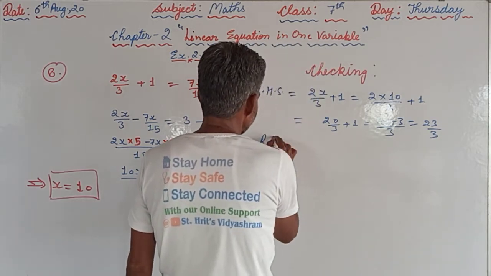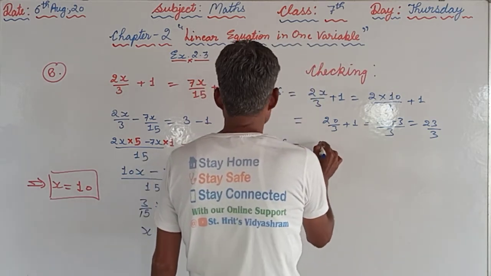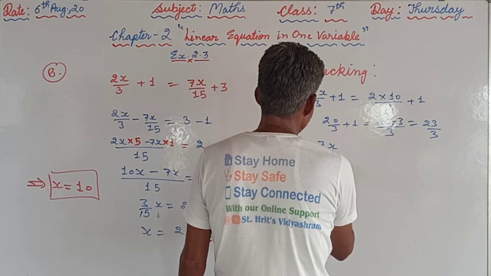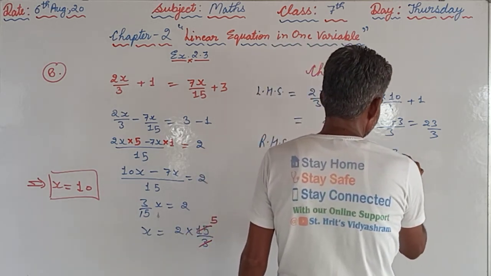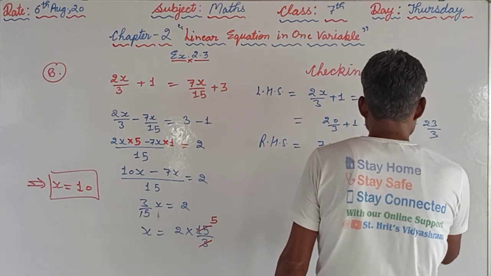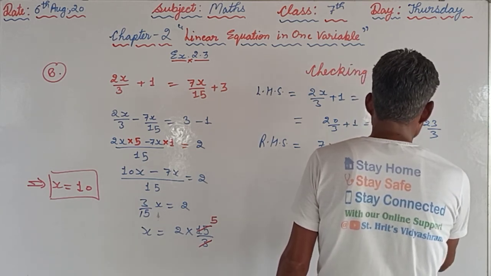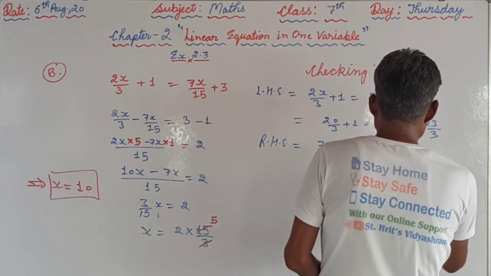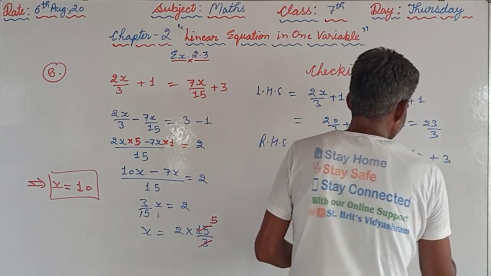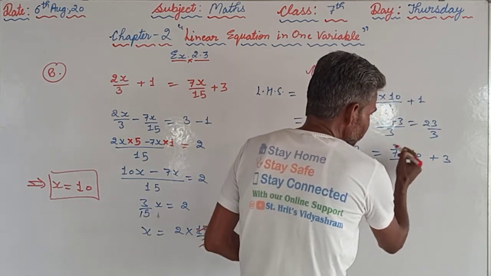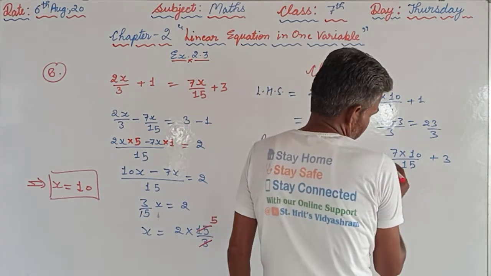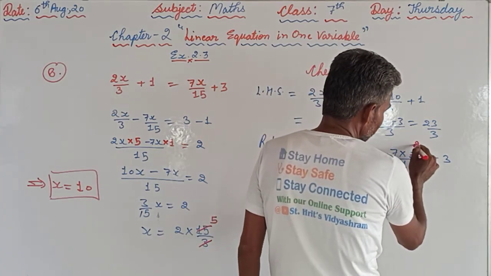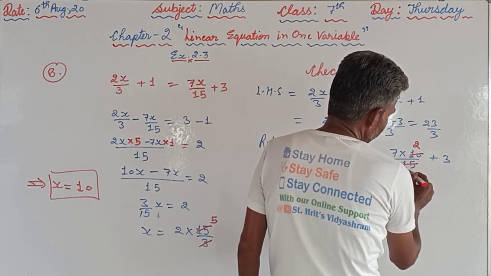So the right hand side will be 7x upon 15 plus 3. So 7 into 10 upon 15 plus 3. So here this is the multiply sign here. So we can cut if the number comes in the same numbers table. So 5 2 ja 10, 5 3 ja 15.